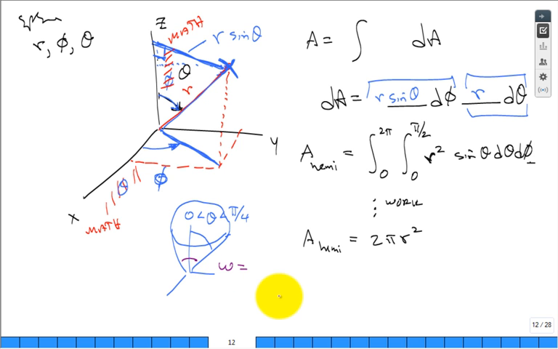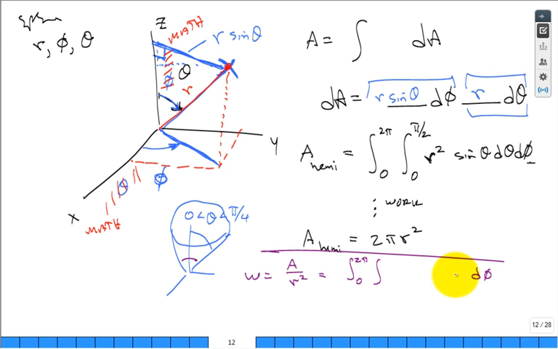Let's go ahead and set it up. It would be omega. The equation is the area divided by r squared. That's our equation for the solid angle. The area would be the integral with respect to d phi on the outside going from 0 to 2 pi, and then with respect to theta going from 0 to only pi over 4, right?